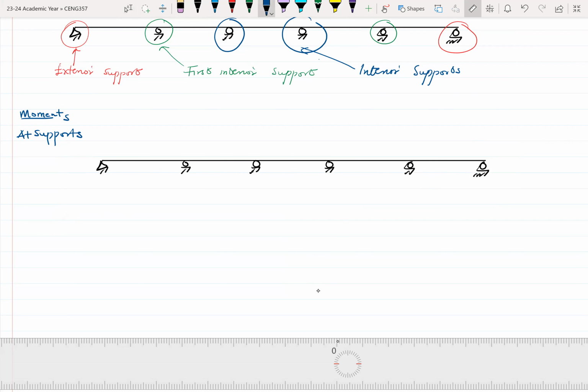Over the exterior support, your moment is 0. At the first interior support it is minus 0.11 FL.